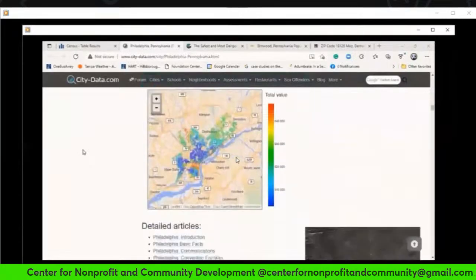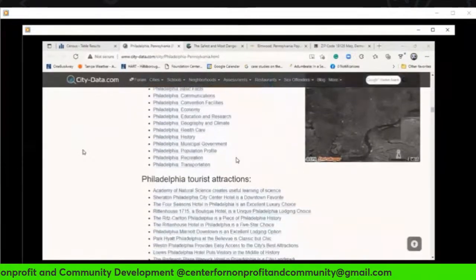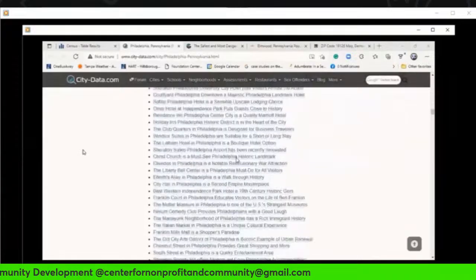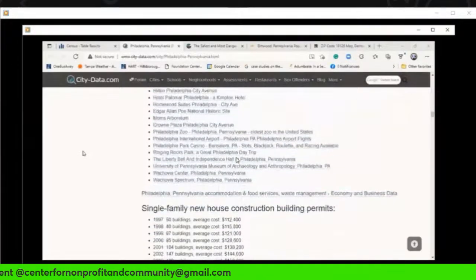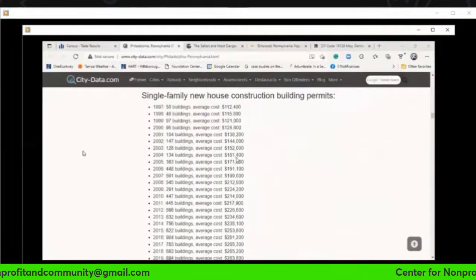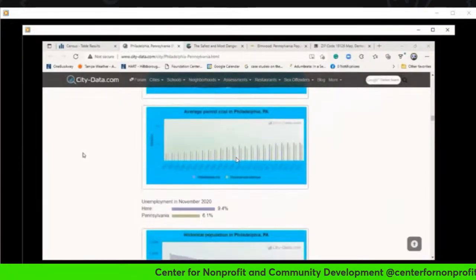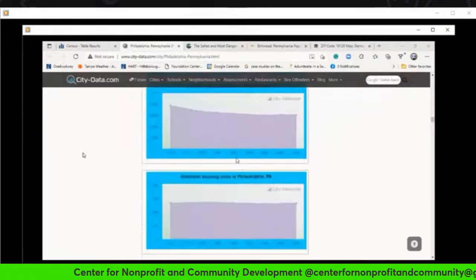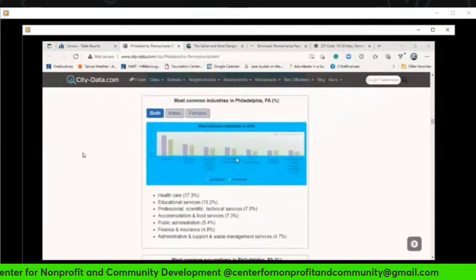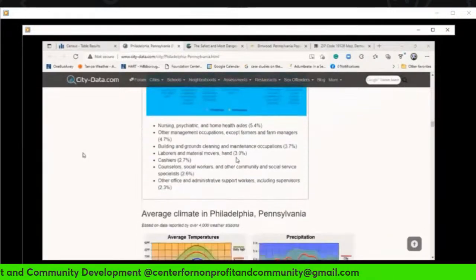As you can see, you can get a lot of good information from this site. Single family new house construction permits. This can drill down so much information.